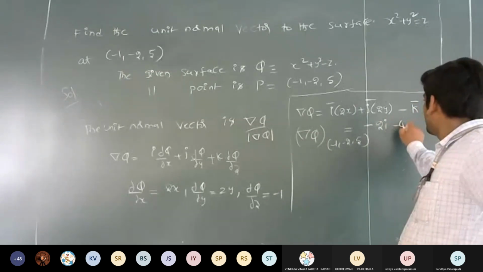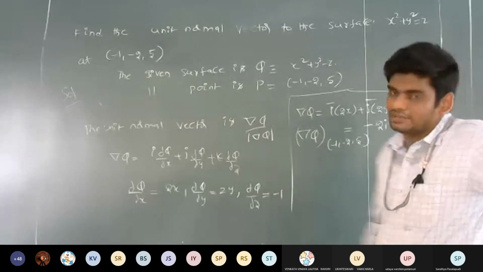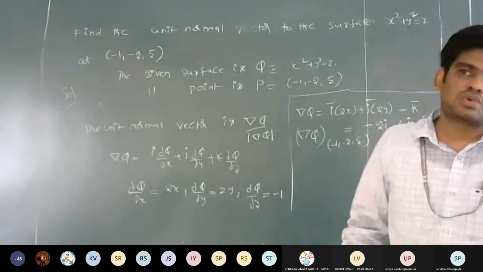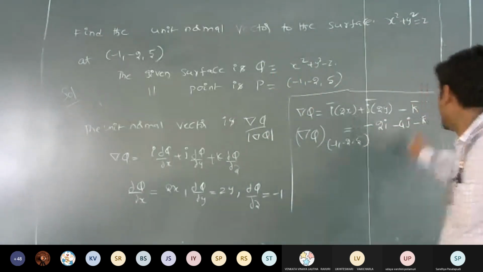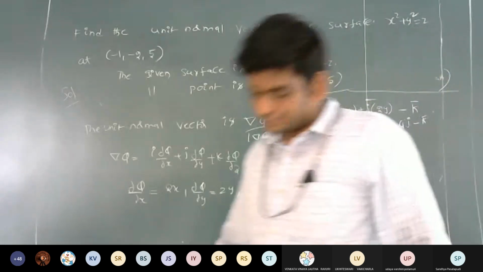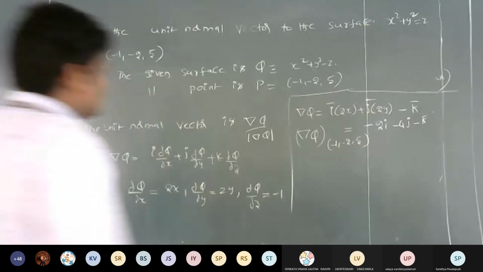The k bar coefficient is independent of z, so there is no z term in it. So is it clear up to this? Is it correct or not? Yes.